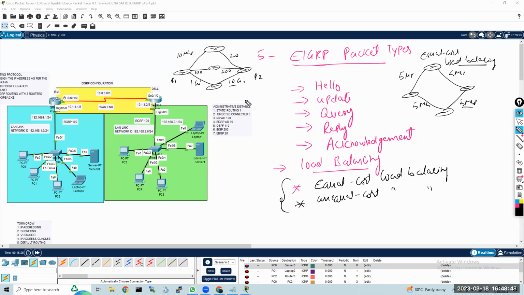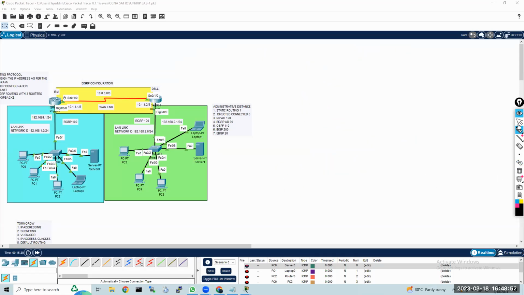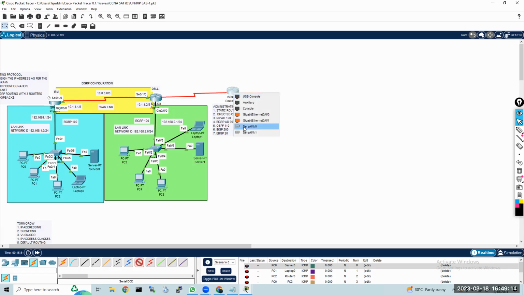Regarding the 3 lab, guys, I want you to do this by just adding, with Control C, Control V, one more network here.